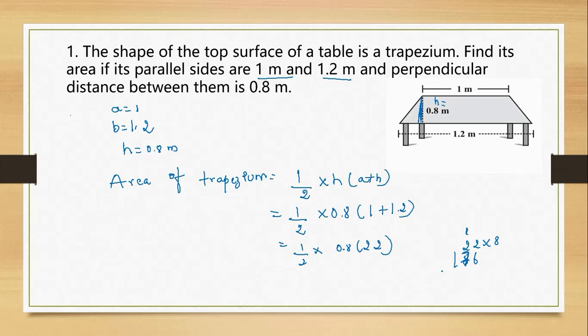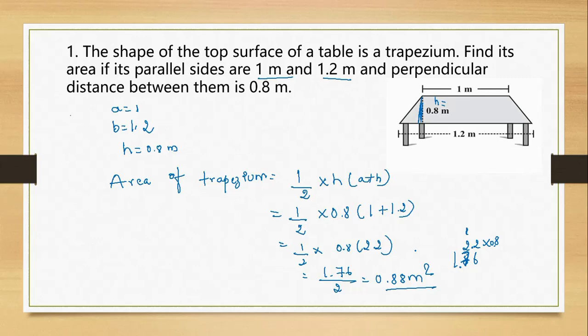If we shift the point, we get 1.76. 1.76 by 2 will be 0.88. So 0.88 meter square is the answer.